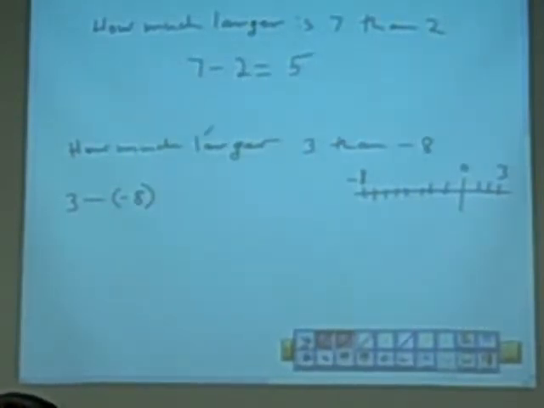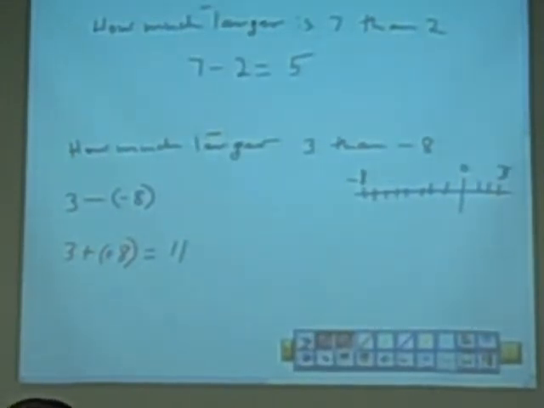Because how much larger, look at it as a minus sign, okay? Just like you did up here. So that would be 3 minus negative 8, apply the minus sign to a plus, change the sign of the next number, and so that's really going to be 11, right?